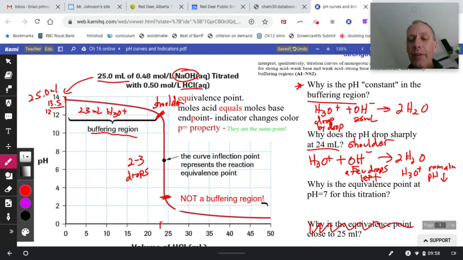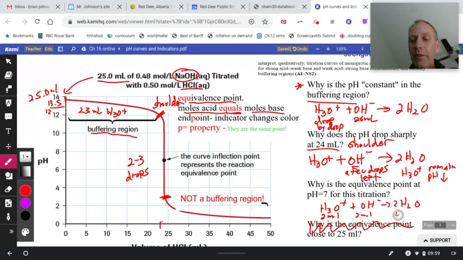Why is the equivalence point at a pH of 7 for this titration? So let's talk about the equivalence point. The equivalence point is where the moles of acid equal the moles of base. So that's where the equi comes in, equivalence, equal moles of acid and base. So in other words, let's just make up a number and say we've added 2 moles of acid to exactly 2 moles of our base, giving us water.